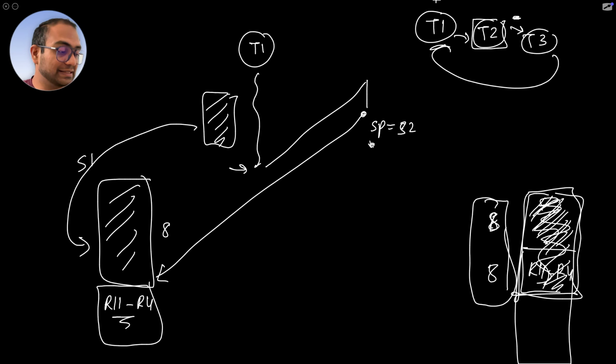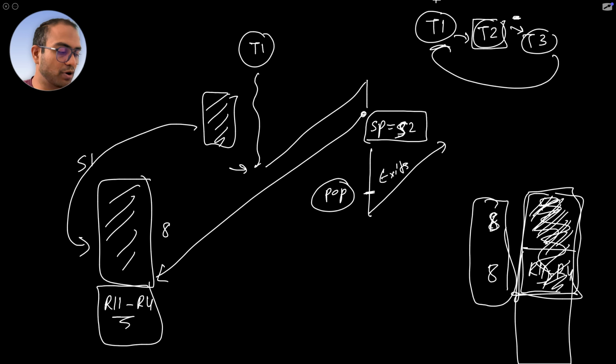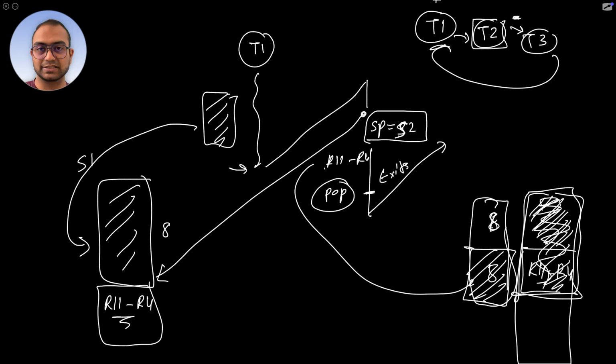But the idea is, if we change the stack pointer to S2 now, this is S2, what is going to happen is, as the CPU exits, well, first off, before it exits, we are going to pop these registers, which the CPU automatically doesn't do. So R11 through R4 get loaded by us from a different stack, the S2 stack. And then we just say, hey, return from the interrupt.